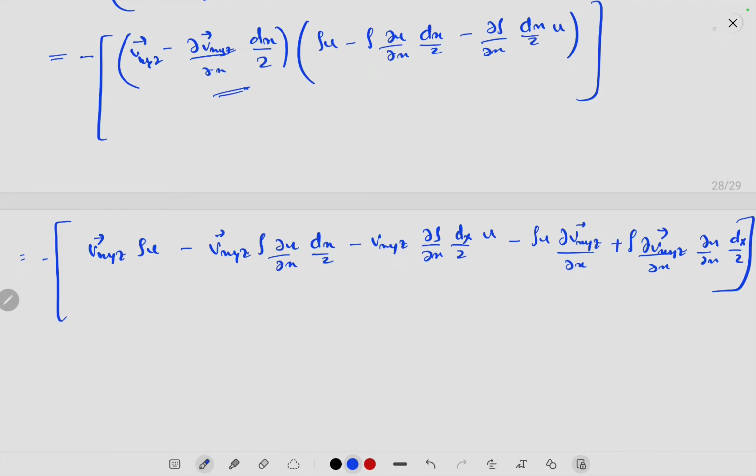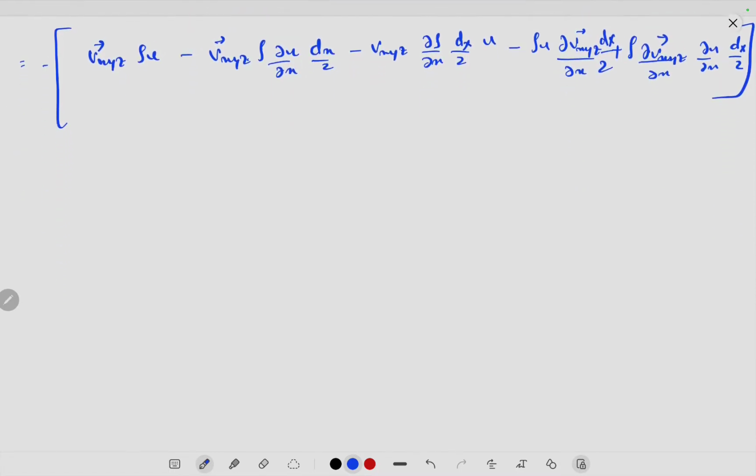Okay, so there will be a dx by 2 also here. Okay, so this is the integral over CS1.